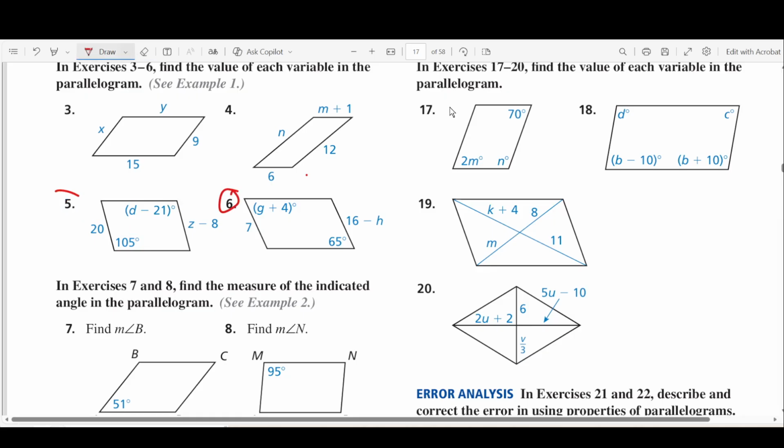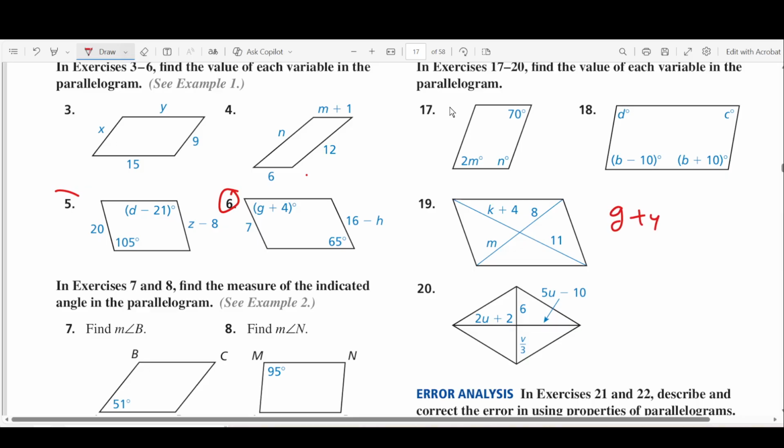Let's try number 6. So in 6 we need to find h and g. G minus 4 is 65.